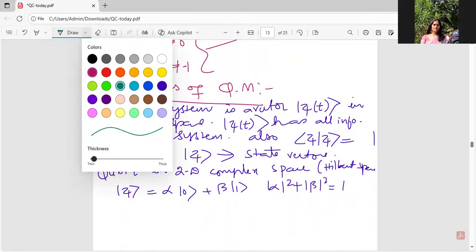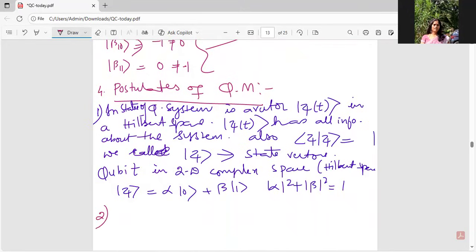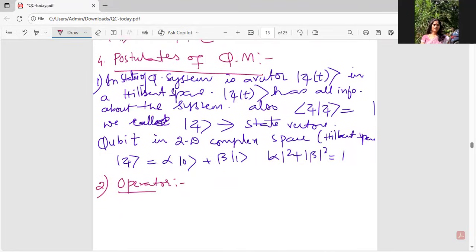How does a state look like? What exactly are the properties? Next, the second postulate is all about operators, guys.